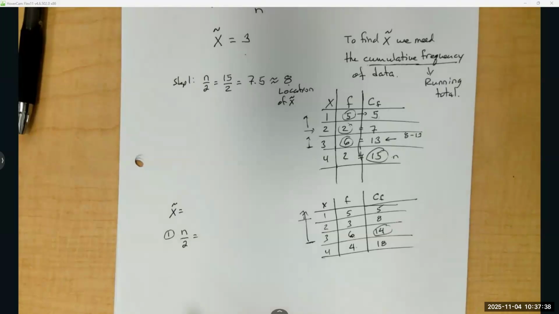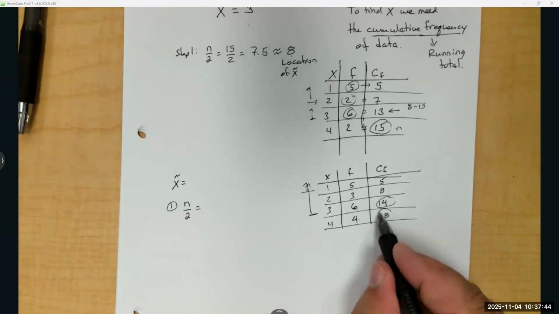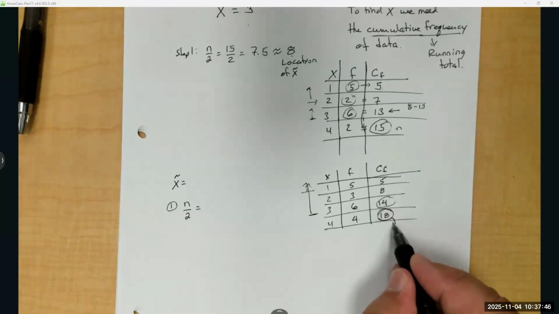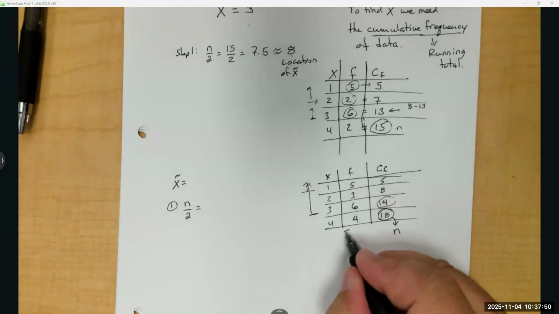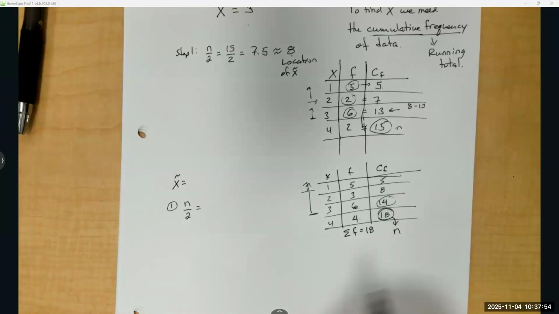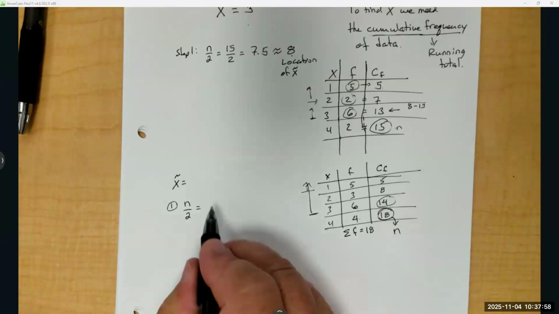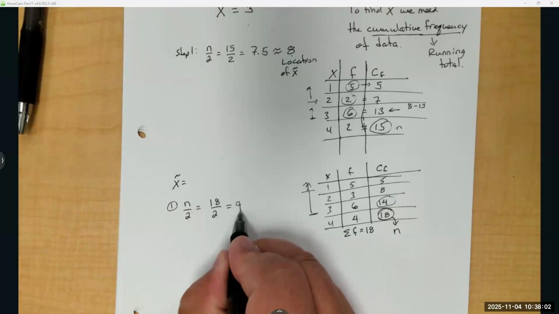What is our n? The last number in our cumulative frequency is our n, because it's the same number as the sum of all the frequencies. So we have 18 divided by 2, which is 9.